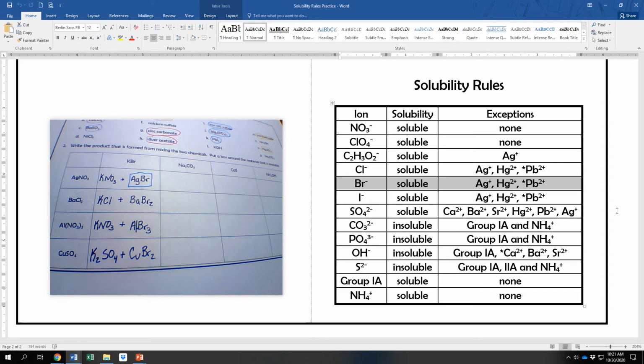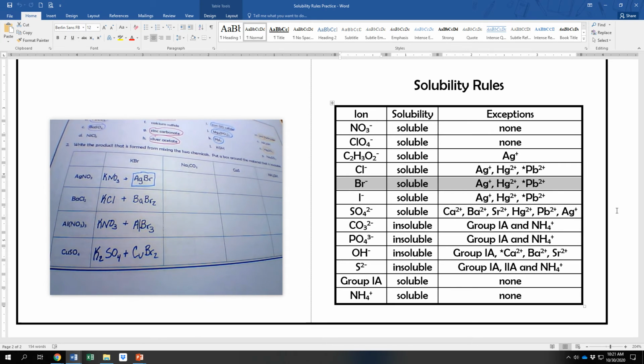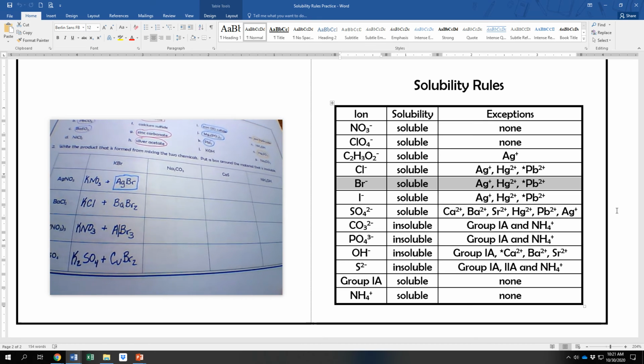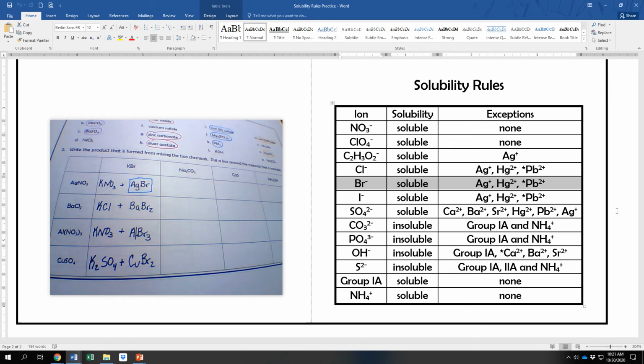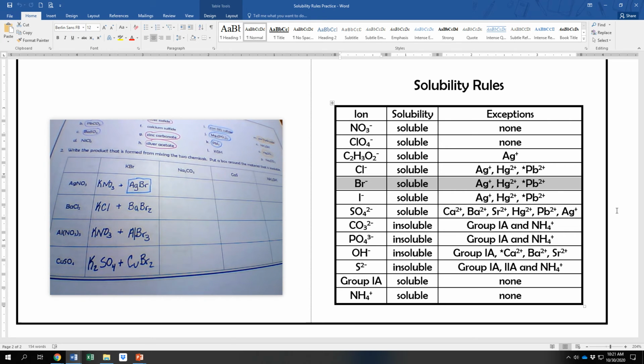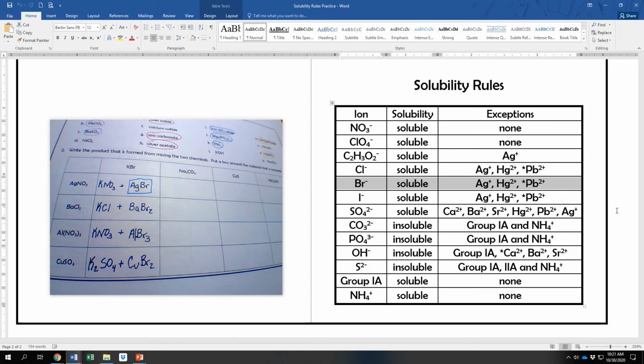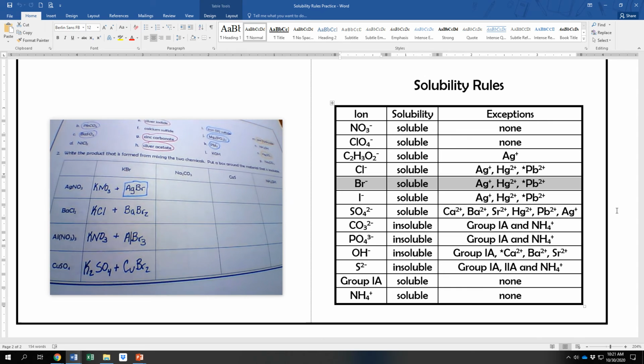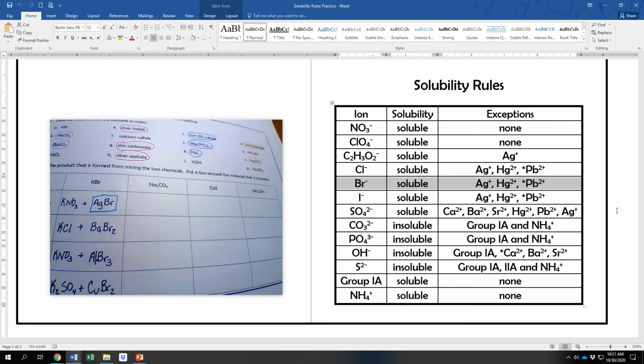So that will stay dissolved. CuBr2. So again, we're looking at Br, and it says soluble except silver, mercury, and lead. Well, again, none of those are present, so we would not see a reaction occur. So no solid product would be formed.